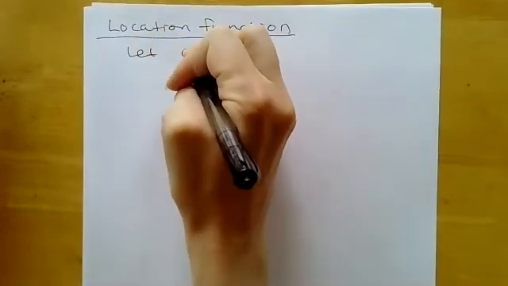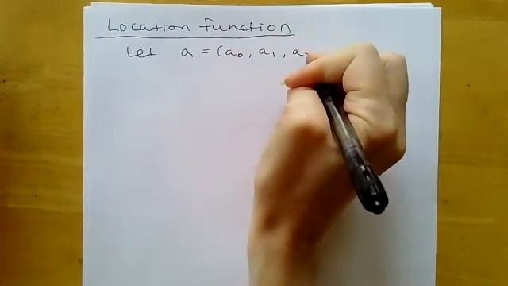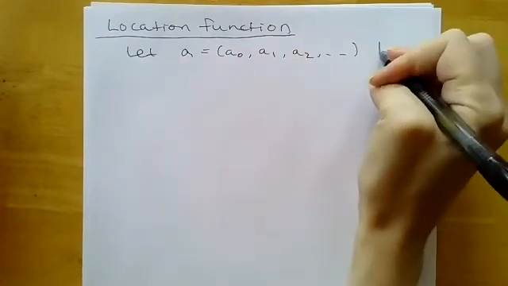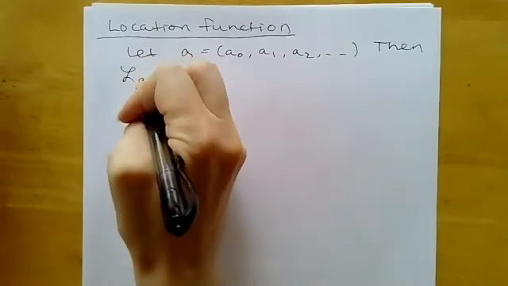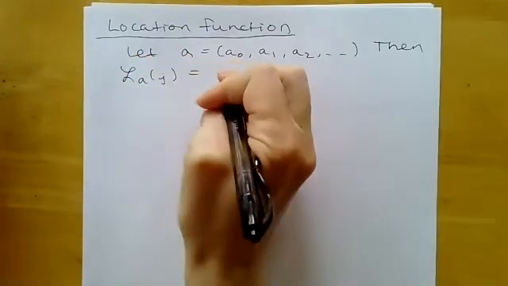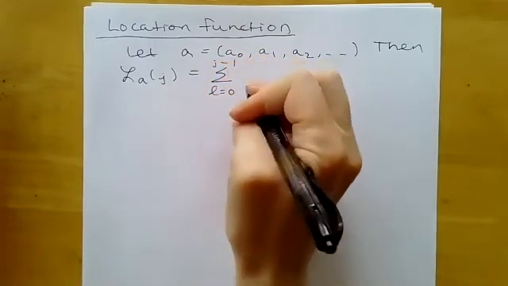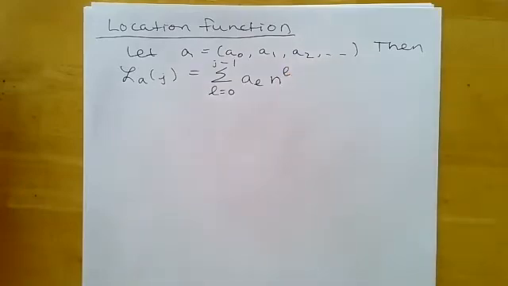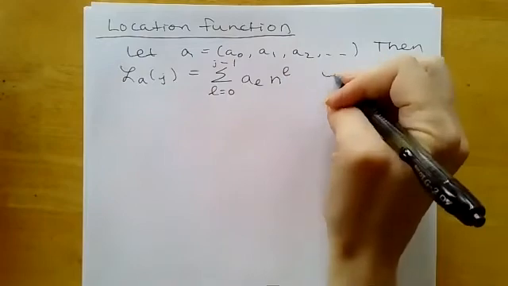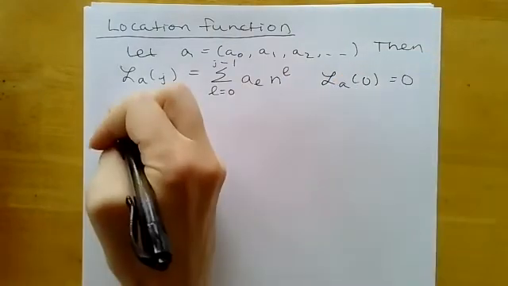We're going to take a sequence A of A0, A1, A2, etc. Then the location function is defined by L_A of J is the sum from L equals 0 to J minus 1 of A sub L times n to the L. So again, I'm doing this for n-adic grids. Feel free to just think of n as 2. And then also we need to define that L_A of 0 is equal to 0.